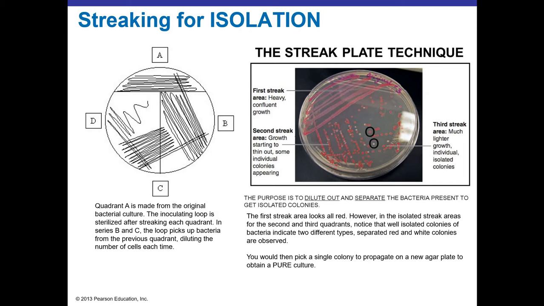Again, the technique is one where you are diluting or separating out the bacteria that are present. On the left-hand side, we see quadrant A being made from the original bacterial culture. And then to make quadrant B, we would have flamed the loop. We're going to let it cool, then go in and out of the previous culture.